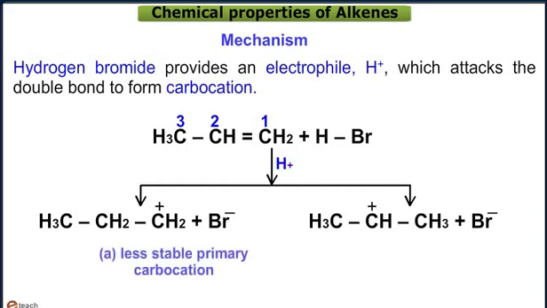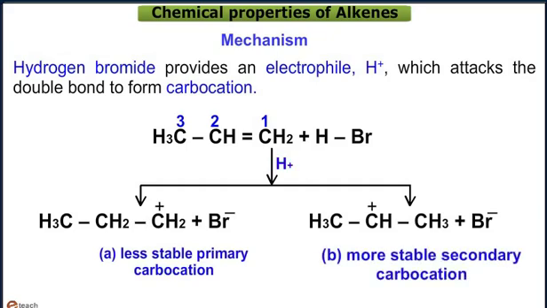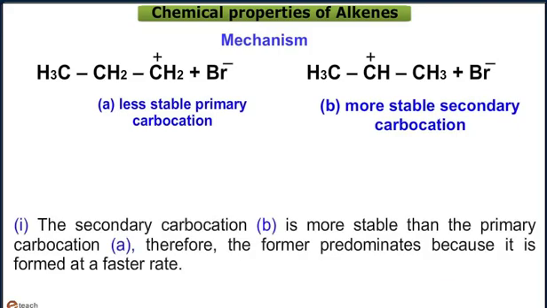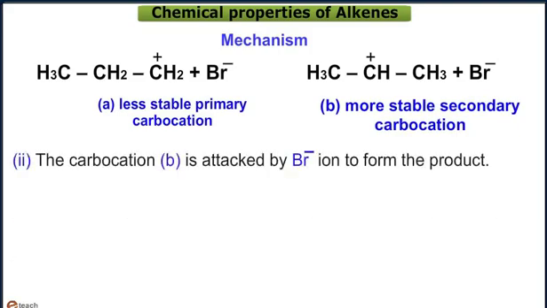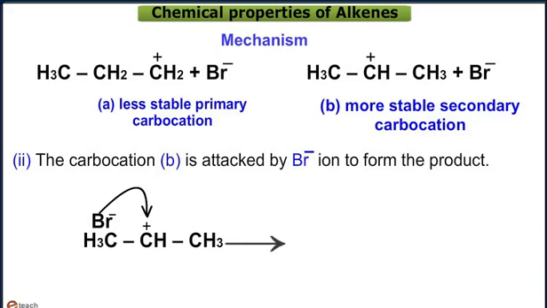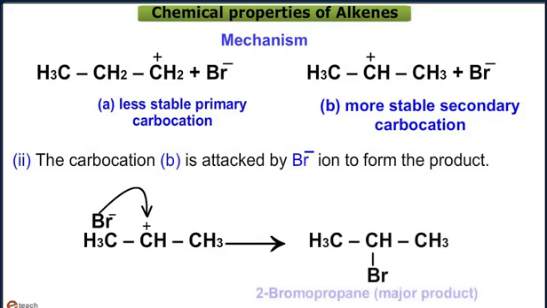While A is a less stable primary carbocation and B is a more stable secondary carbocation, the carbocation B is attacked by Br minus ion to form the product CH3-CHBr-CH3, that is 2-bromopropane, the major product.